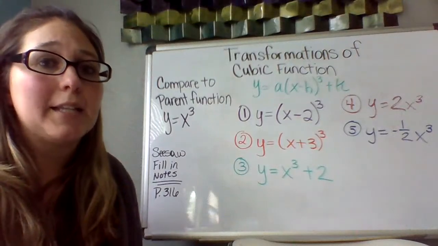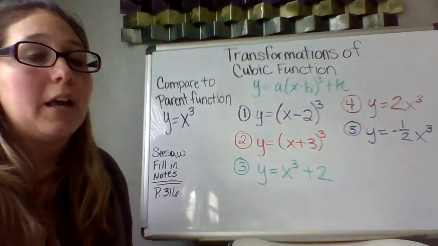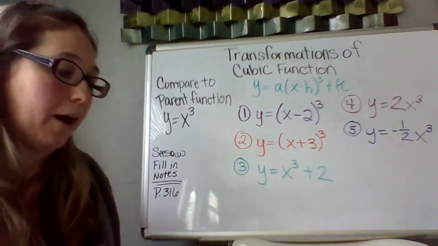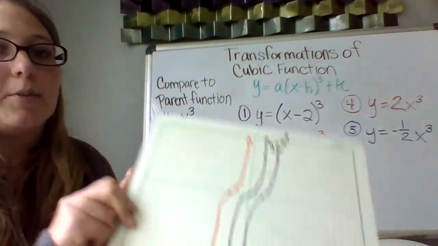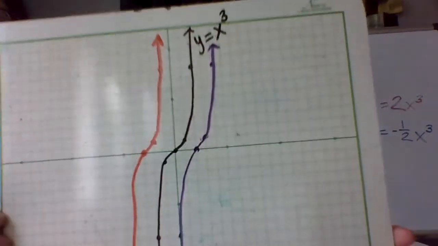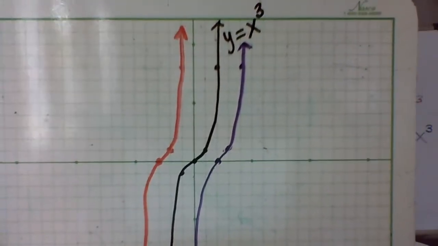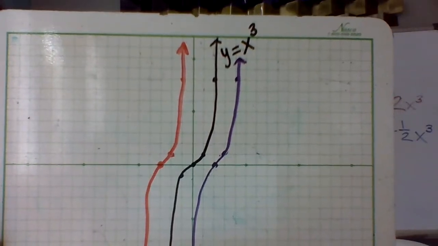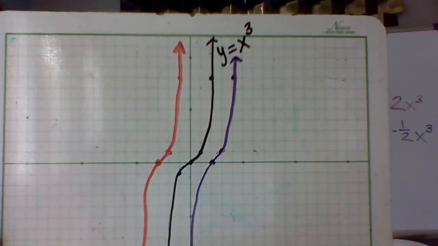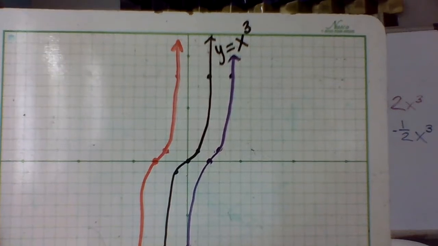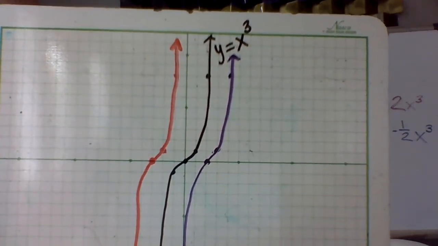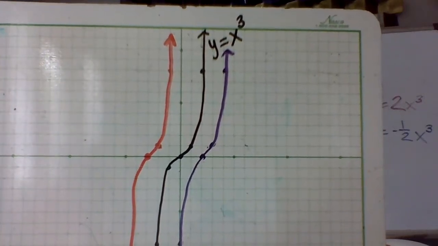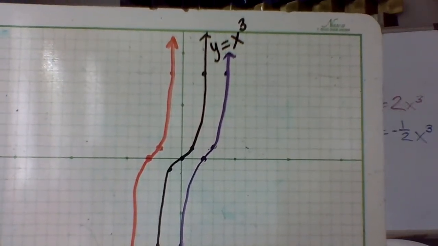The black graph is my original x cubed, and the purple graph is my new graph. If I subtracted 2, you'll notice it moved my graph to the right 2.